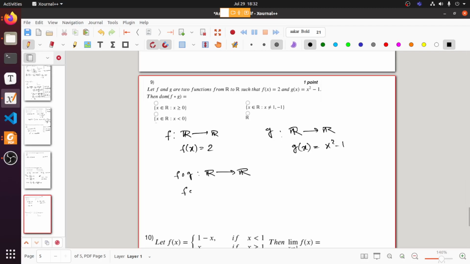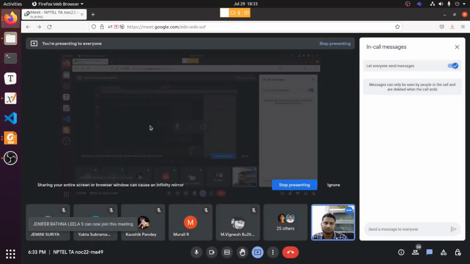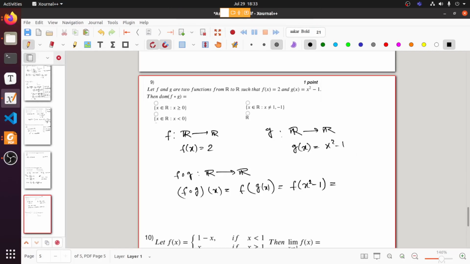So what is f compose g of x? Means f of g of x, right? So this is the definition. So what is g of x? This is x square minus 1, right? Now what will be f of this?